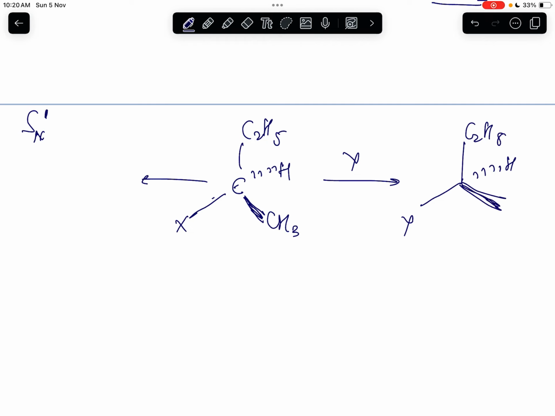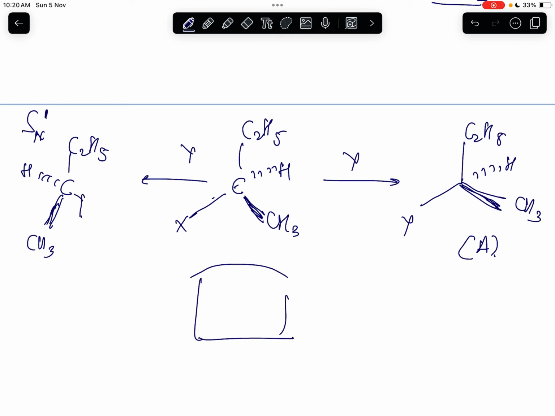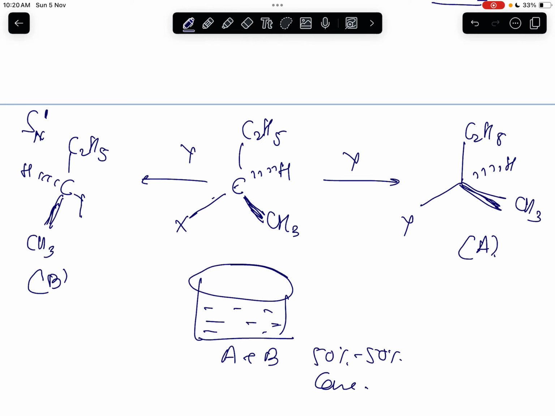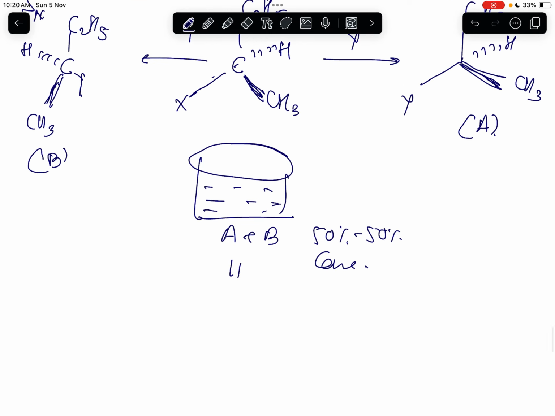So suppose this is A, and if Y approaches from the other side, then the compound will be like this. So in the compound formed by the SN1 mechanism, you will see both together with 50% concentration or amount. The mixture is called a racemic mixture.